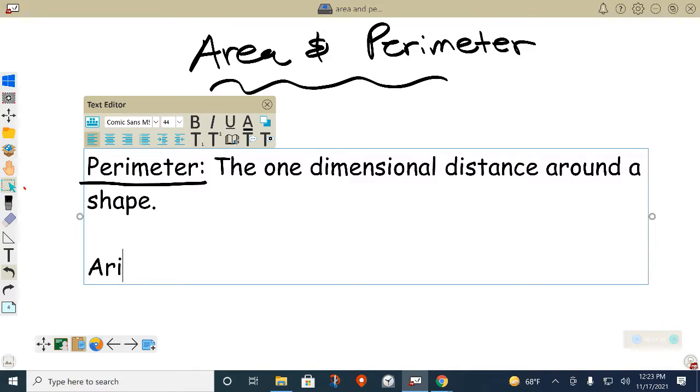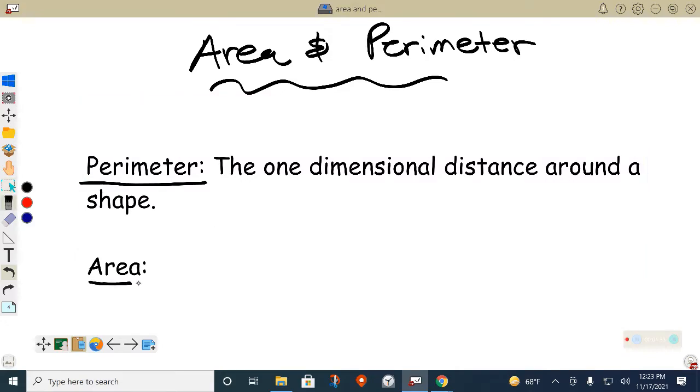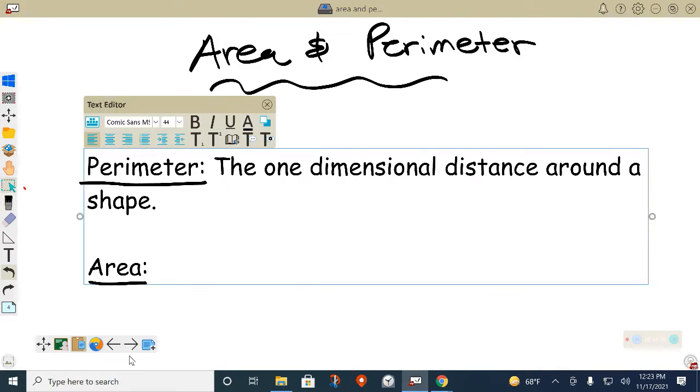And the second word is area. Underline that. Area: the two-dimensional. So I'm going from one-dimensional now to two-dimensional. What the heck does that mean? I'm going to explain right now.